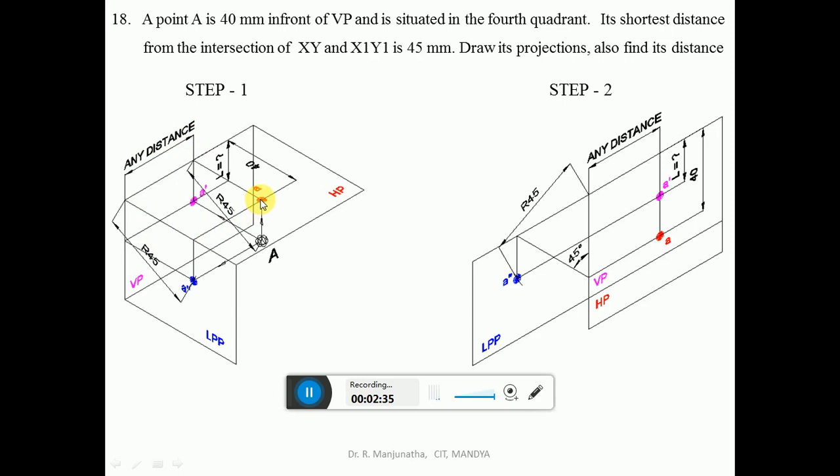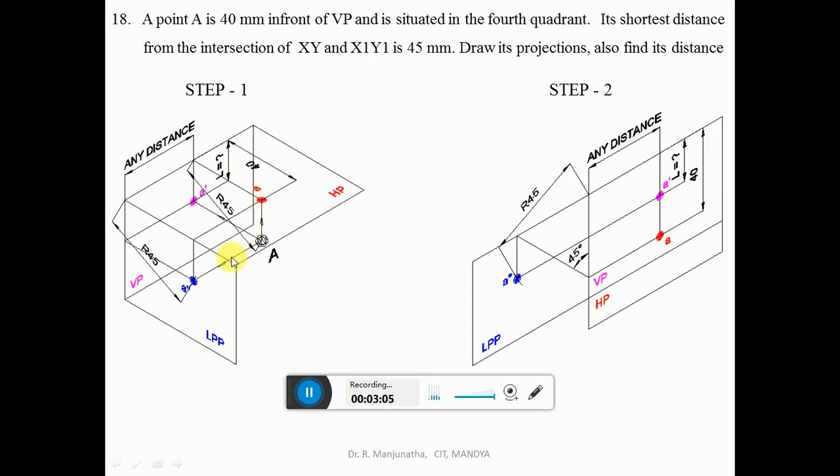Once we know the shortest distance, and also this, we will be able to find out the distance below HP, which will be seen in VP. That is the distance which we need to find out, which will be equal to L equal to question mark. So when you cut it here and rotate it, what happens? The distance in front of VP, which is seen in HP, will go down.